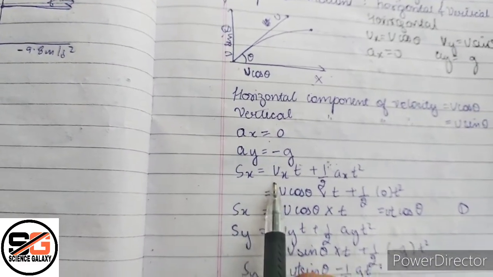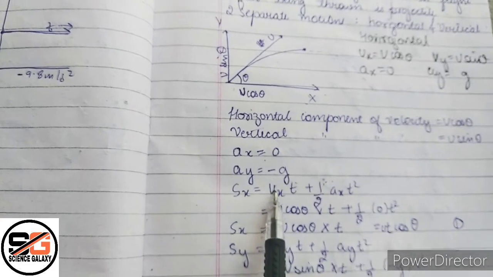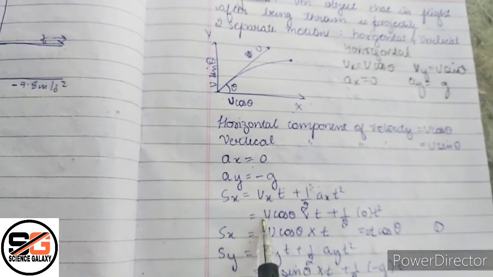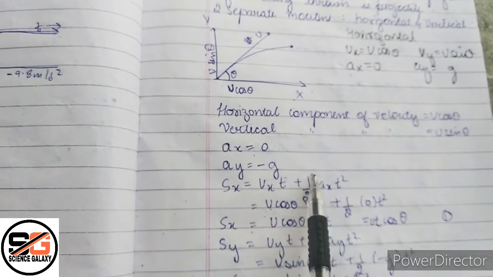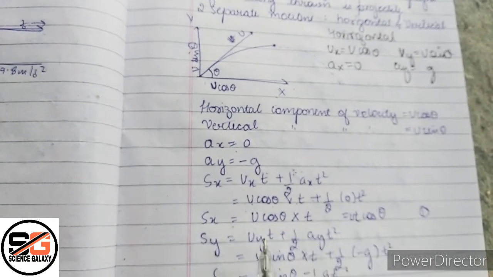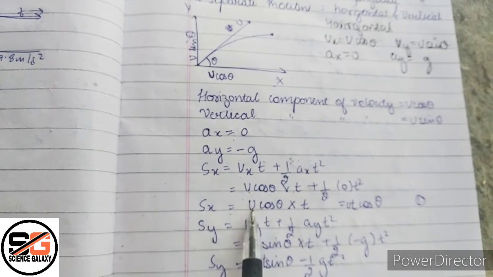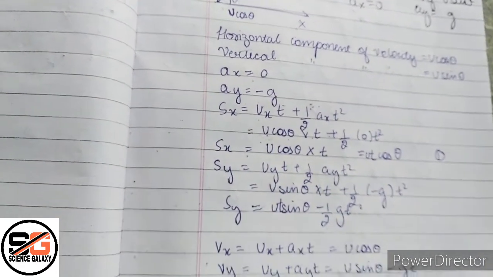In place of ux we write u cos theta, because our horizontal component ux was equal to u cos theta, into t plus acceleration, which was 0. This whole term will become 0. So Sx is equal to u cos theta into t, that is ut cos theta.